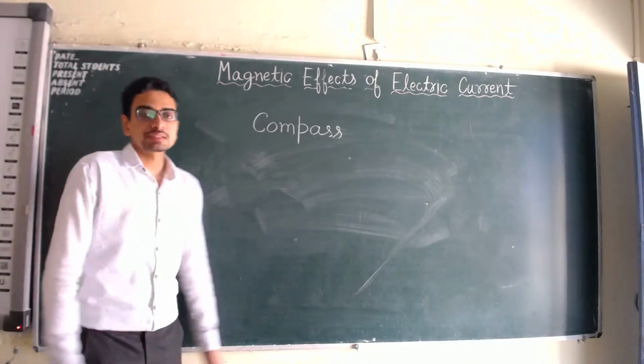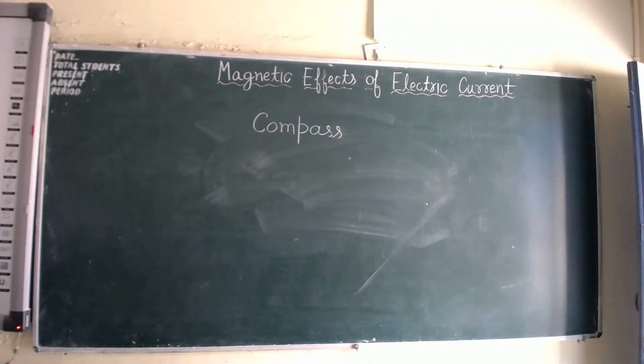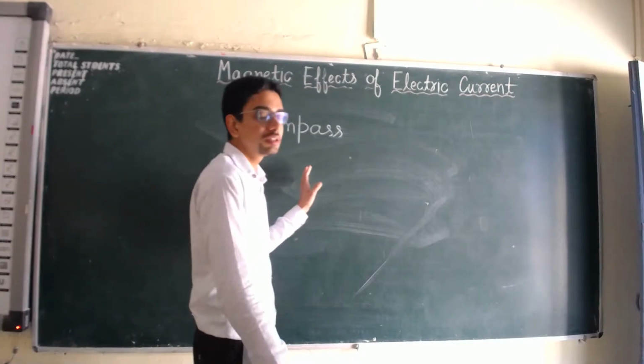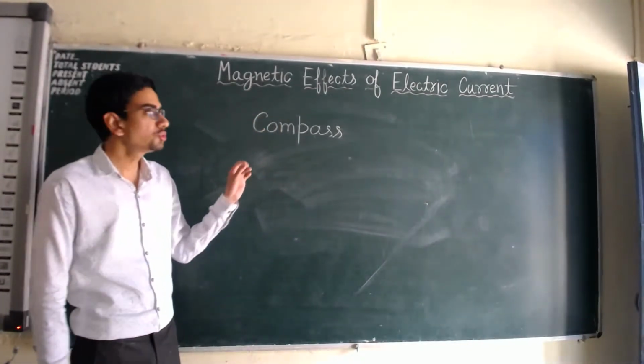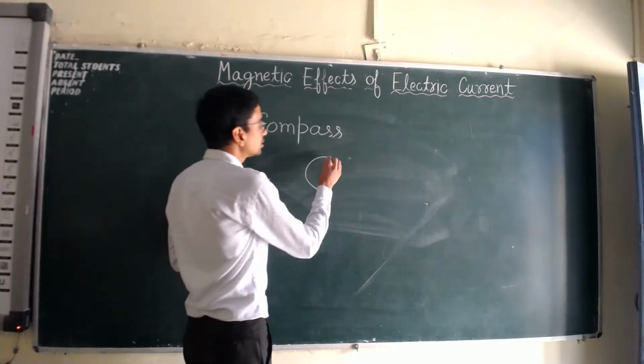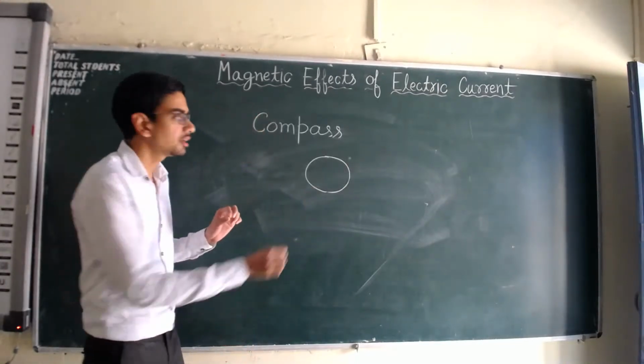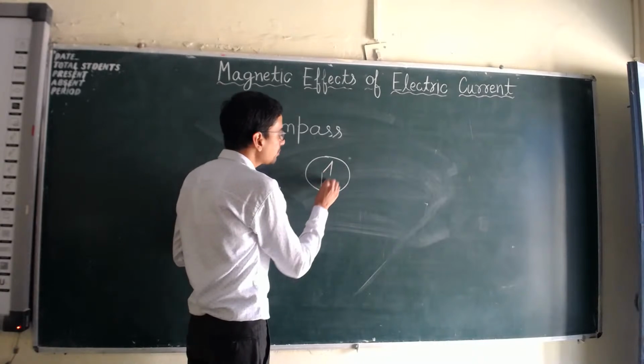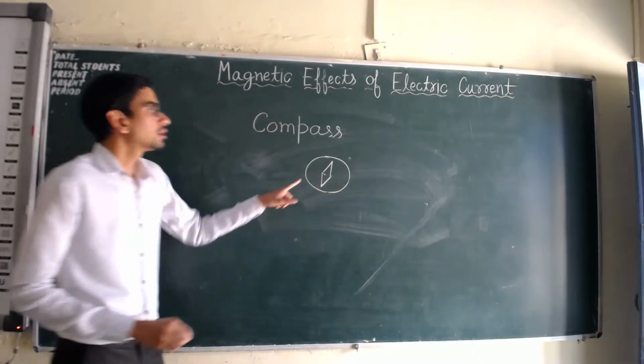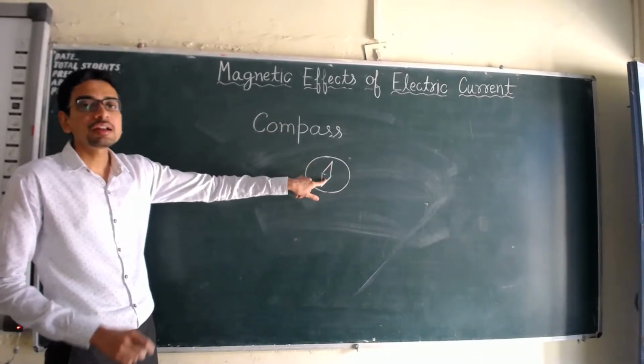Compass is a device that is used to know the direction. As you know, a compass has a bar magnet inside it.